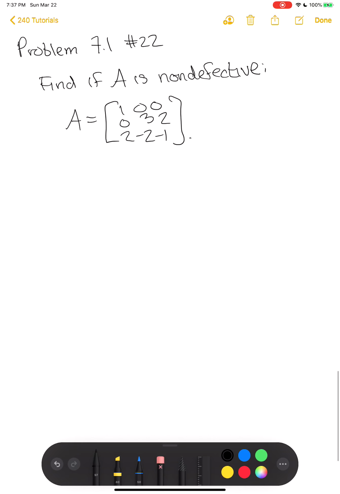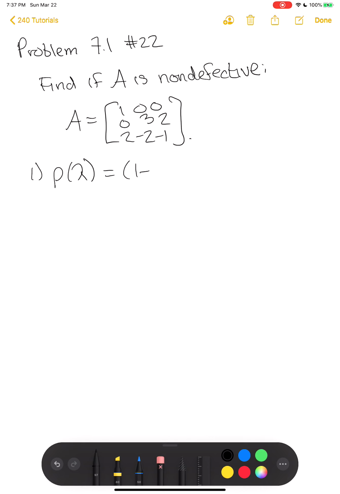So you can go through, and to find your characteristic polynomial, I'm just going to give it to you. It's going to be equal to (1 minus lambda) cubed. So that tells us that if we set it equal to 0, we have lambda 1 is equal to 1, and it has algebraic multiplicity equal to 3.